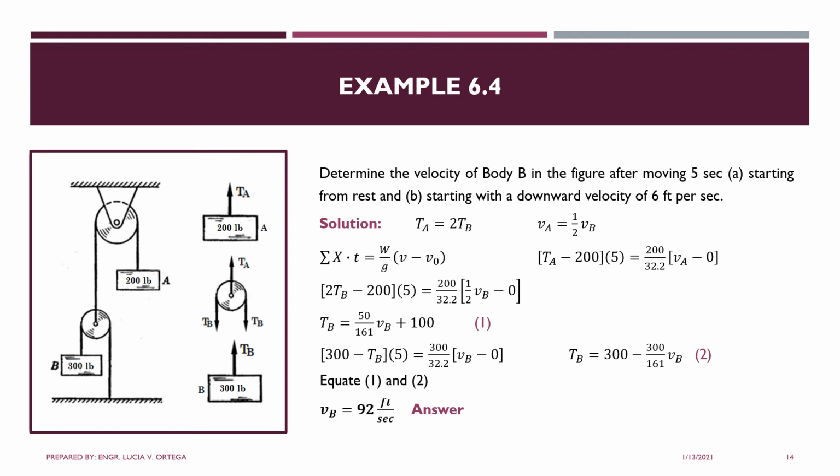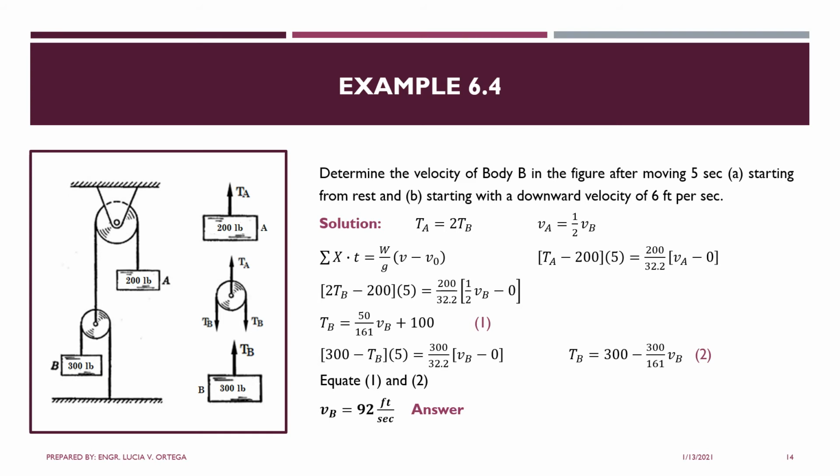Initial velocity is 0 because it starts from rest. So substitute T sub A is 2T sub B, minus the weight, times time is mass, weight over acceleration due to gravity times V sub A, which is 1/2 V sub B, minus 0.